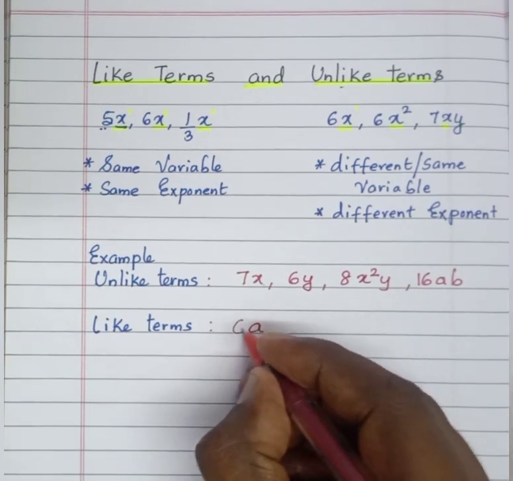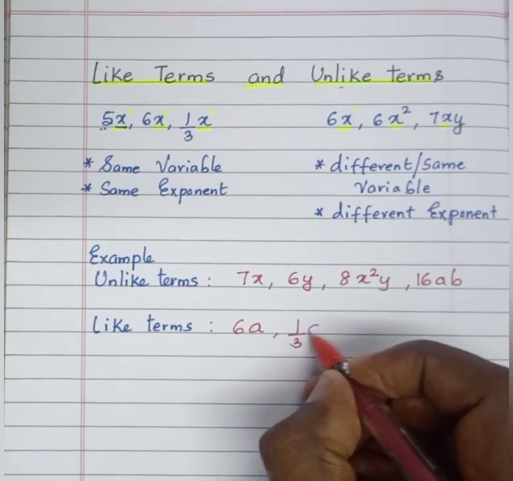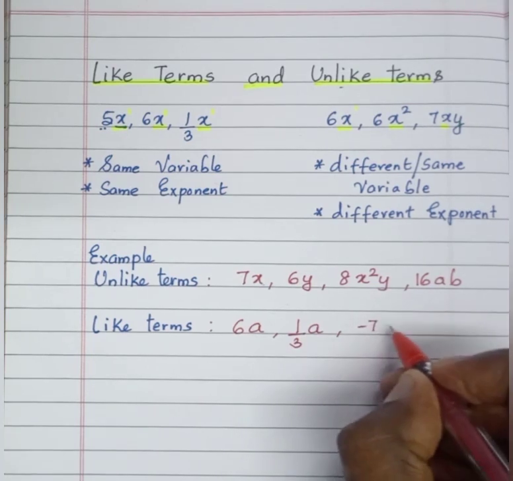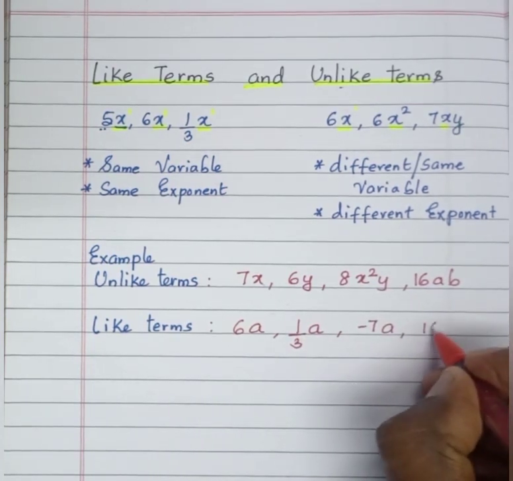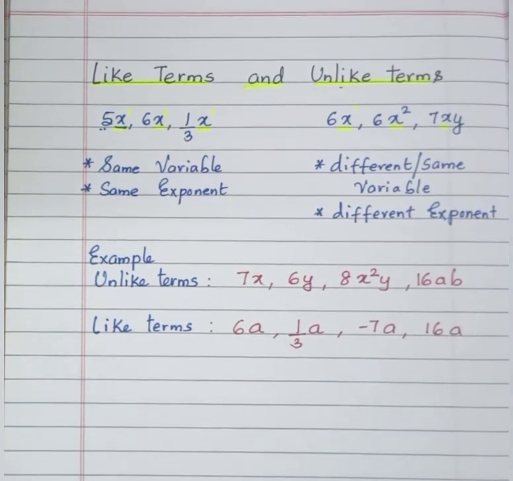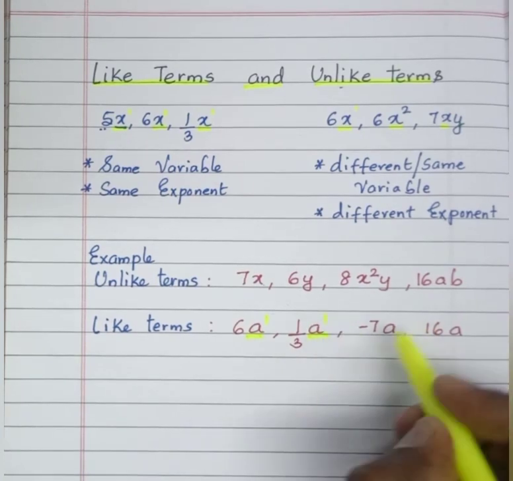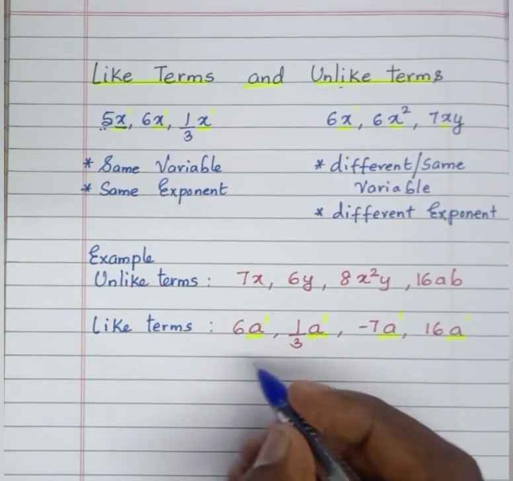Let me give examples for like terms, that is 6a, 1 by 3a, minus 7a, then 16a. If you observe, all the variables are the same with exponent 1. Variable is a and exponent is 1. This is an example for like terms.